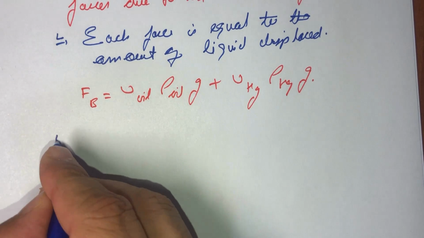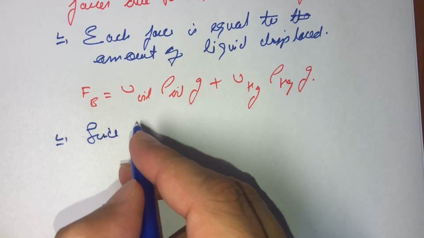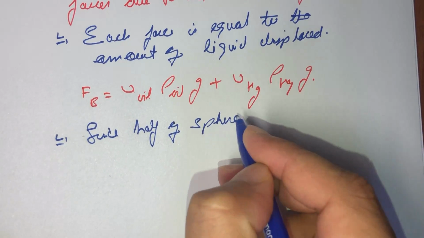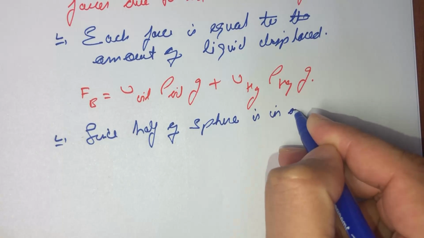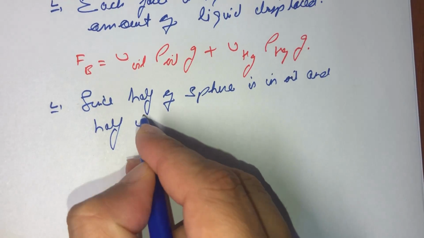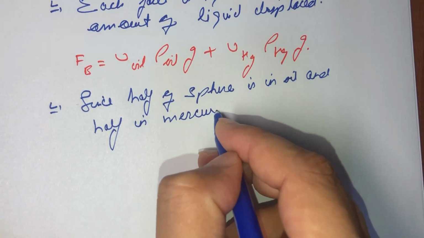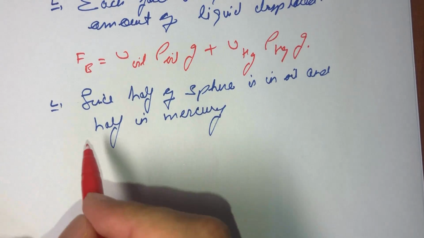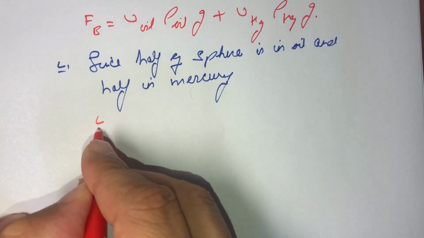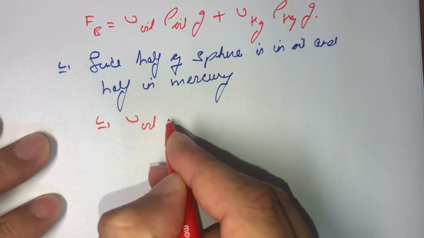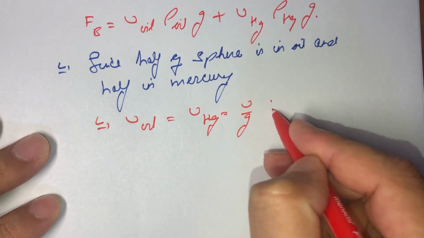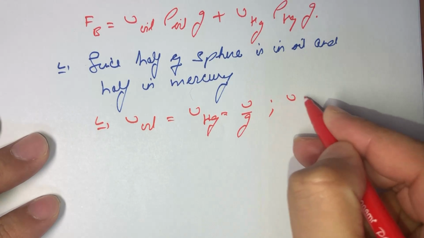So since half of the sphere is in oil and half in mercury, the volume in oil and the volume in mercury will each be equal to V by 2, where V is the total volume of the sphere.